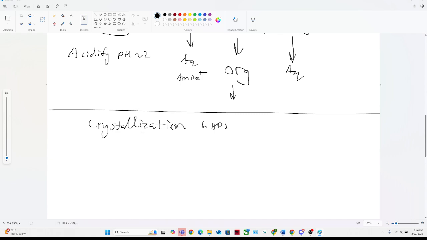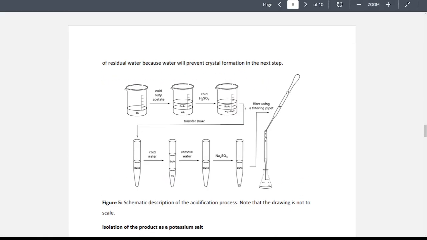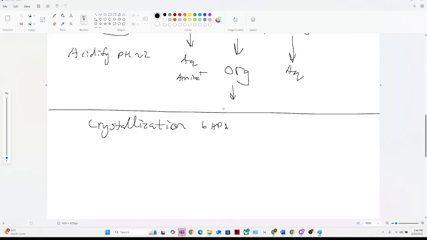But it's important to recognize why the procedure says make sure that your compound is not wet. Because if you had a wet compound, what would happen is that it would just dissolve as a salt into the water, and you get a partitioned solution, and that would make your life much more difficult to extract and then re-dry.